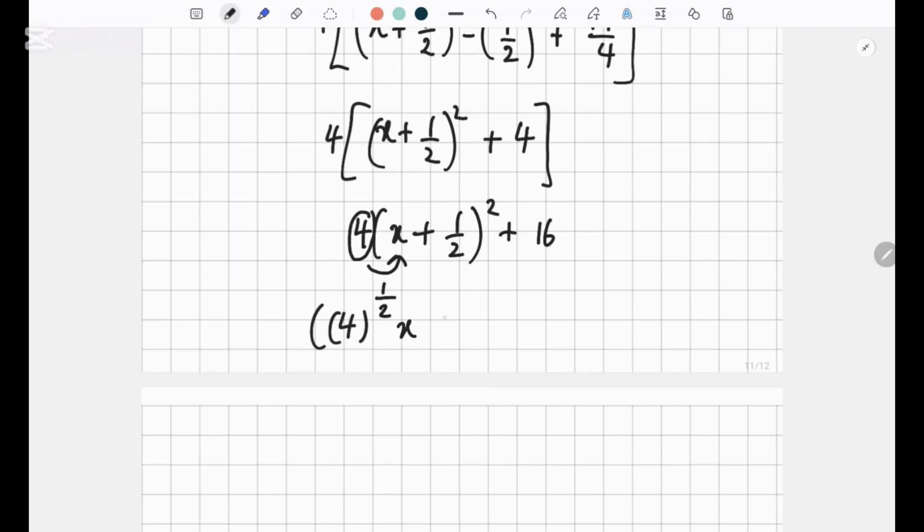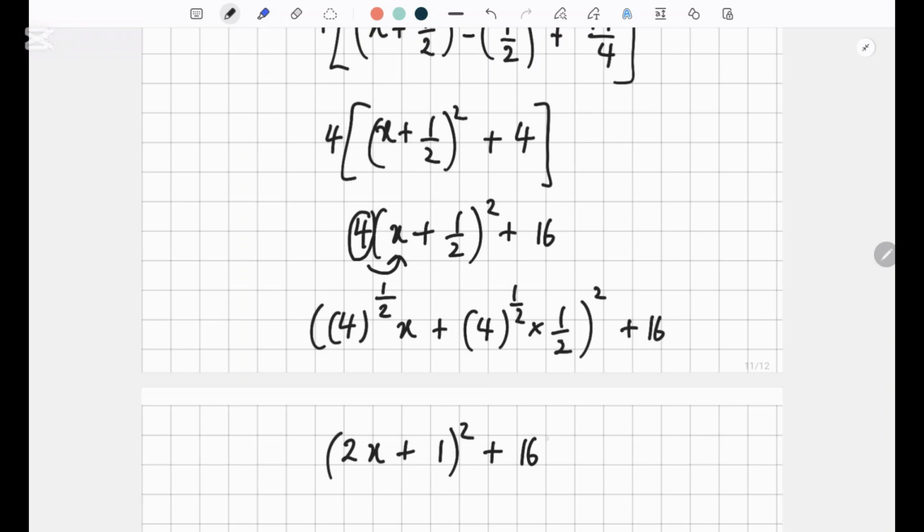That's the rule. So that gives you 2x plus, this is 2 into half, that's 2x plus 1 squared plus 16.